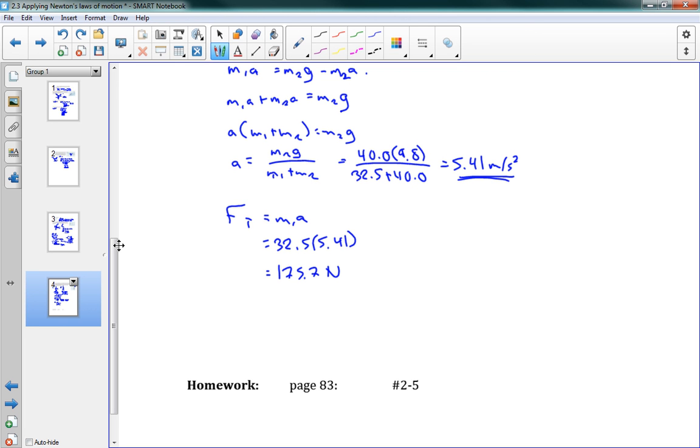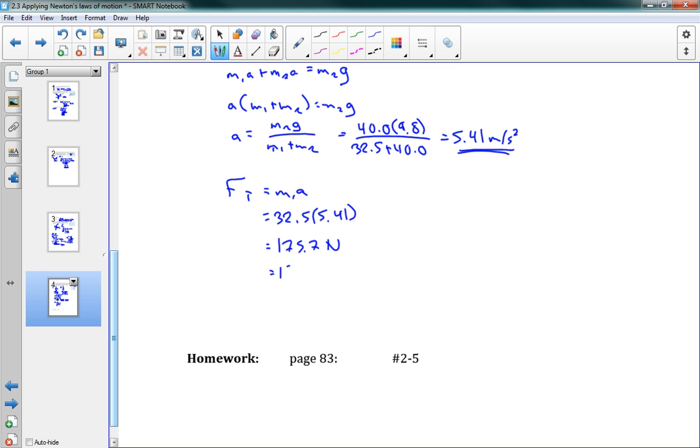And now we should worry about significant digits. So let's see, we have 3 digits, 3 digits, 3 digits looks good to me. So this guy is equal to 176 newtons. Our acceleration was already in 3 digits. That's perfect. We're all done.